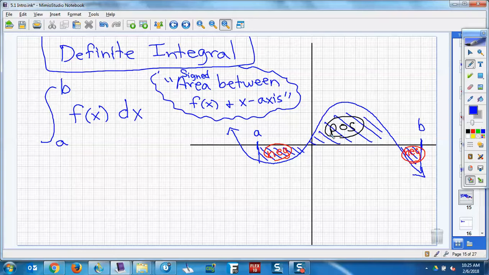Now, it's not always written that way, and we're going to talk about that in a second. Sometimes it's written right to left. So, area below the x-axis is negative, area above is positive.